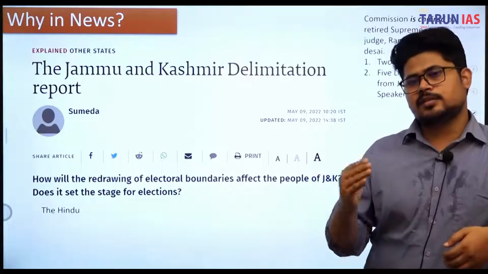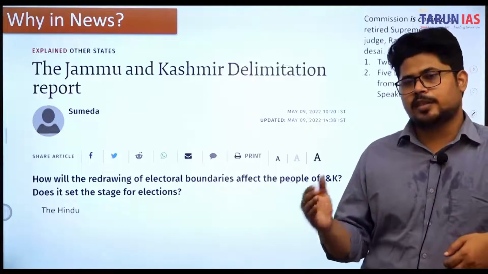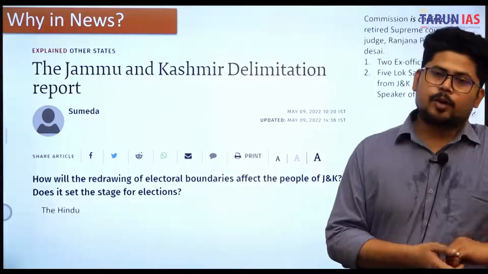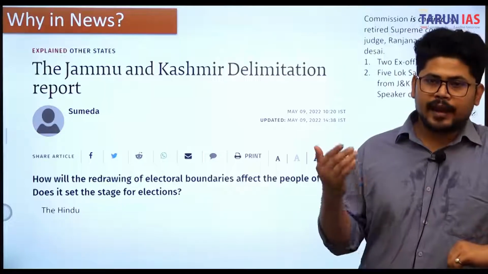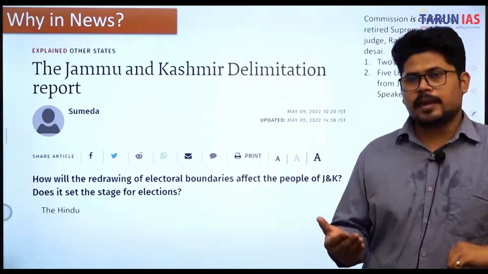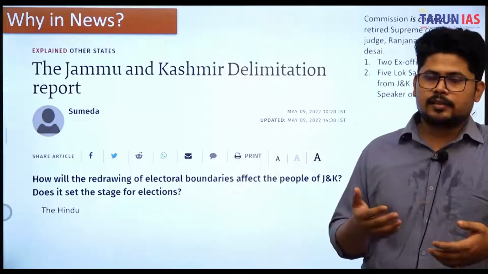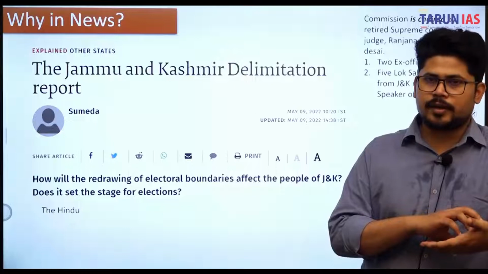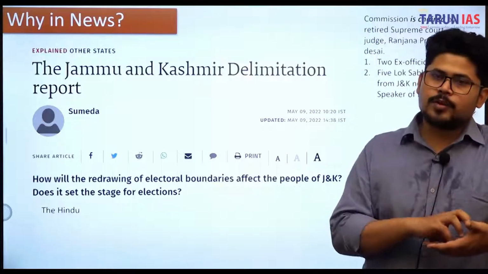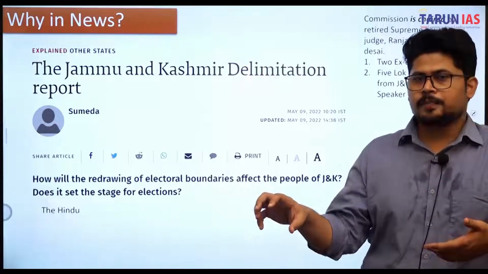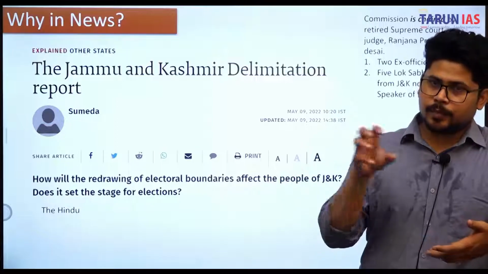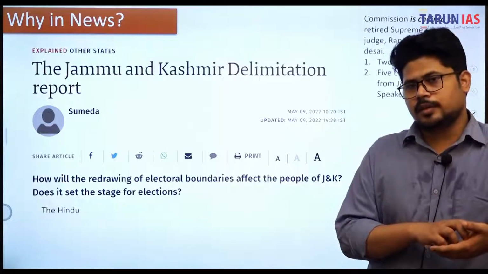It was headed by retired Justice Ranjana Prakash Desai, and 2 ex officio chairmen and 2 ex officio members and 5 members from Lok Sabha, representing the 5 constituencies of Lok Sabha in J&K. All those 5 members who were in Lok Sabha were made the members of this delimitation commission.